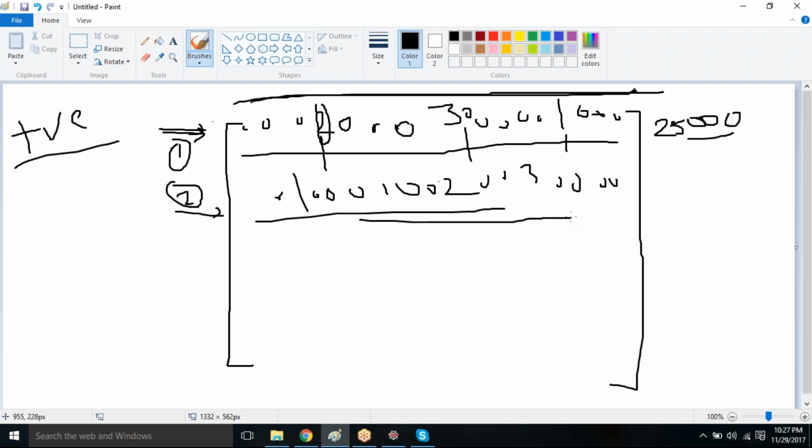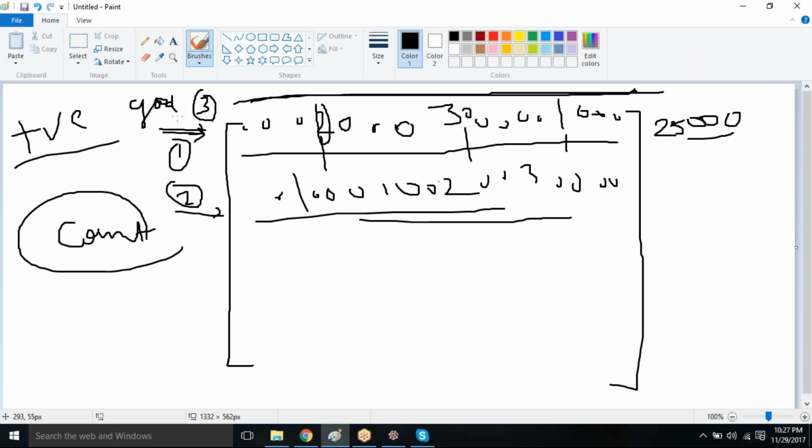No, we give count to it. Suppose in the first review, good came three times. So wherever the index of good is in this 25,000 dictionary, good is at the 191st position.